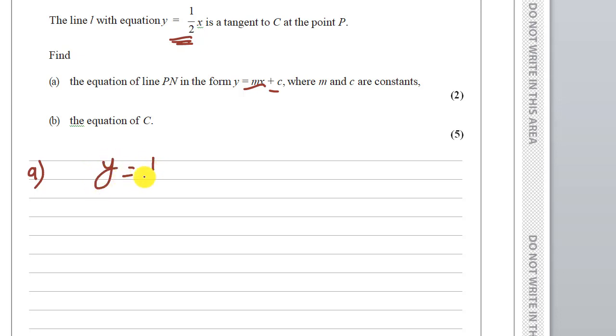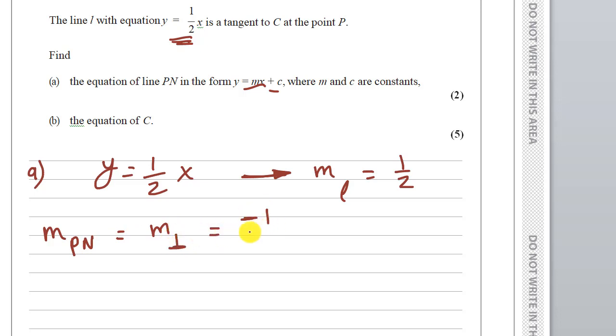So y equal to half x. So m of a line, the gradient of the line, is equal to half. The gradient of PN, which is the gradient of the perpendicular, is equal to minus 1 divided by half. So it's equal to minus 2.